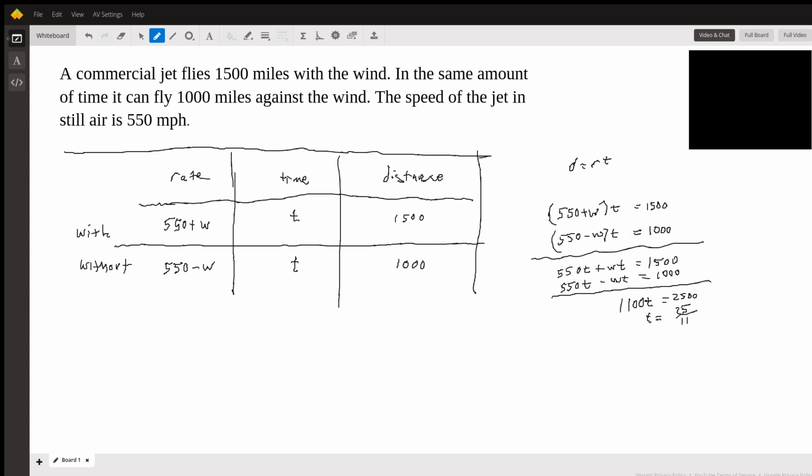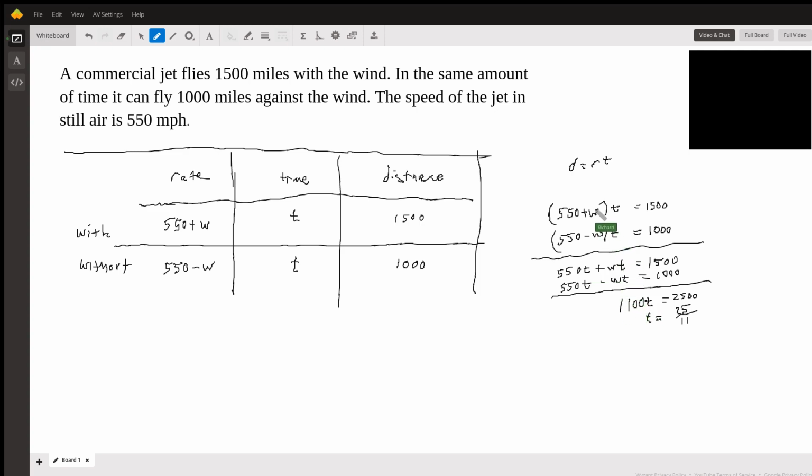It's definitely 1100T. Okay. So that's what T is.